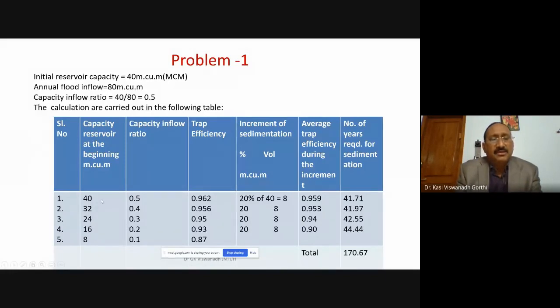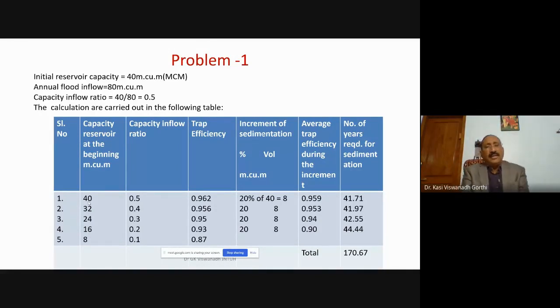The second column values are obtained because you have taken 5 intervals with 20%. So from 40 to 32, 32 to 24, 24 to 16, 16 to 8. Correspondingly, the capacity inflow ratio: in the first case it is 40, and inflow is 80, so 40 by 80 is 0.5.